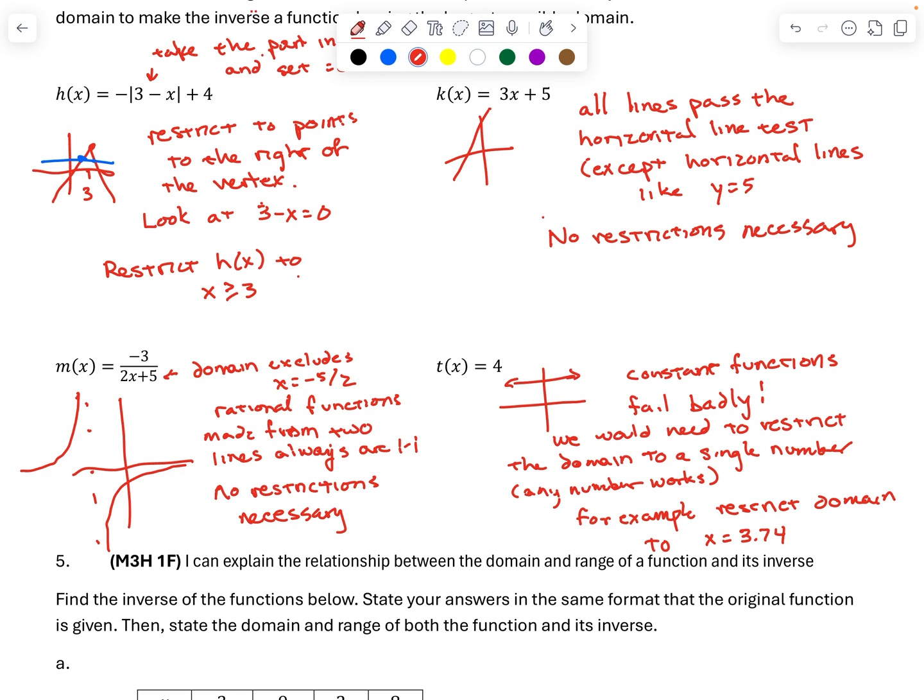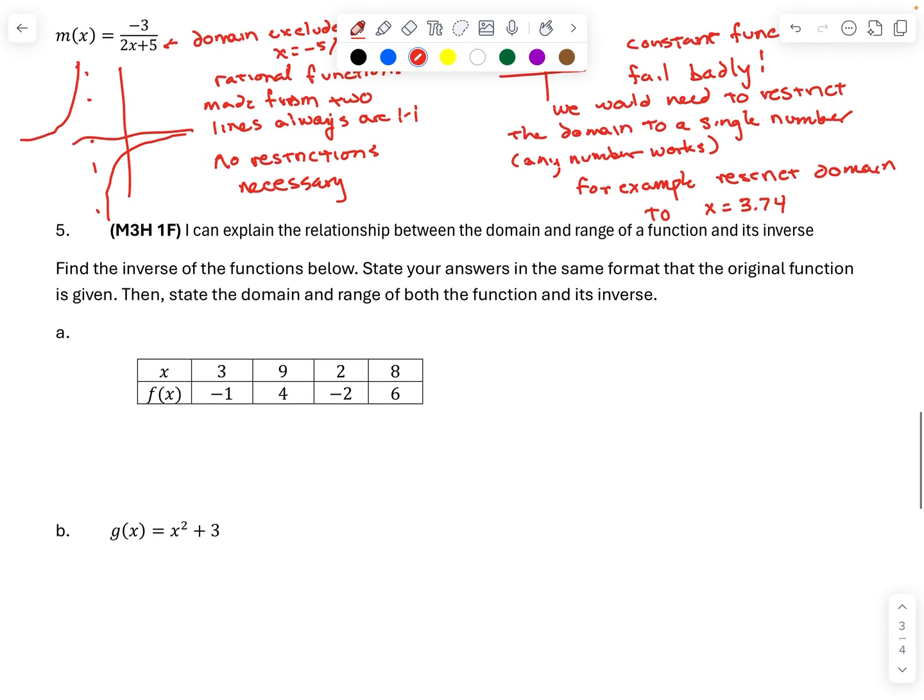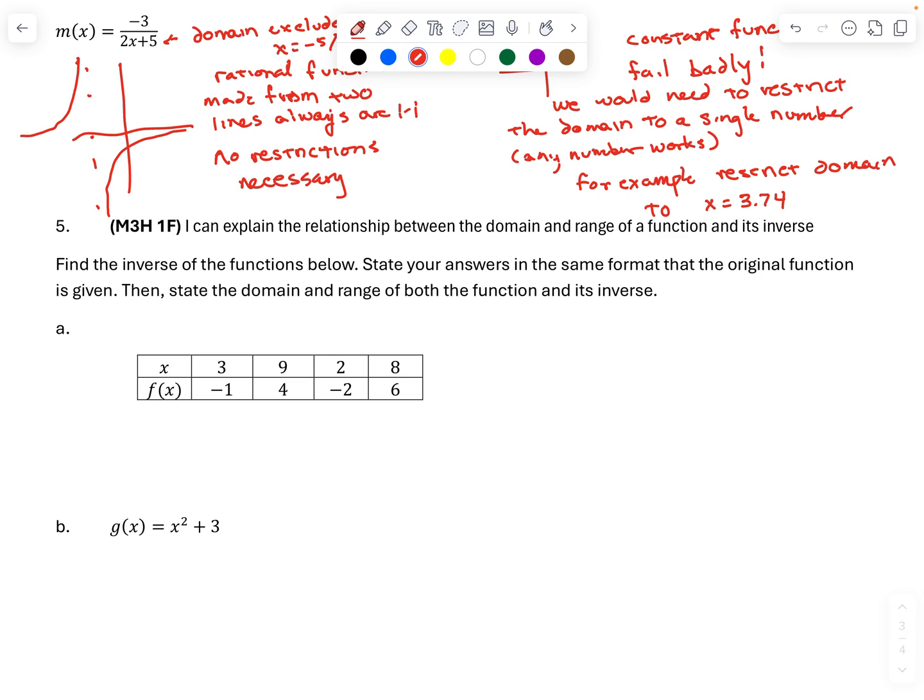That's just pretty random, isn't it? Yeah, you can restrict it to anything.